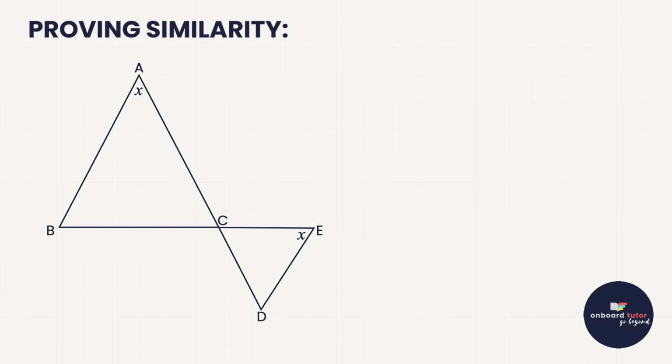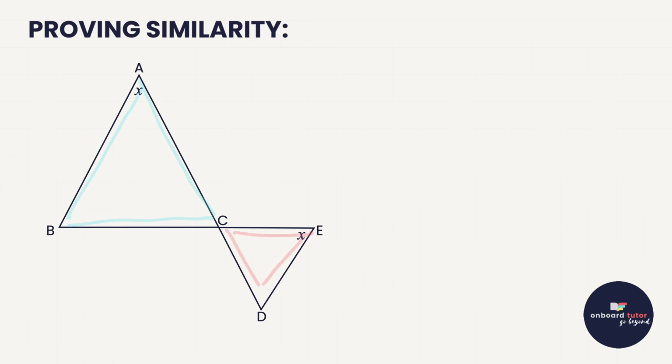So if you have a look here, we've got two triangles, triangle ABC and triangle CDE. Let's go alphabetically. And those two triangles, let's have a look at what we would do if we were required to prove them as similar triangles. So there's the one and there's the other one.